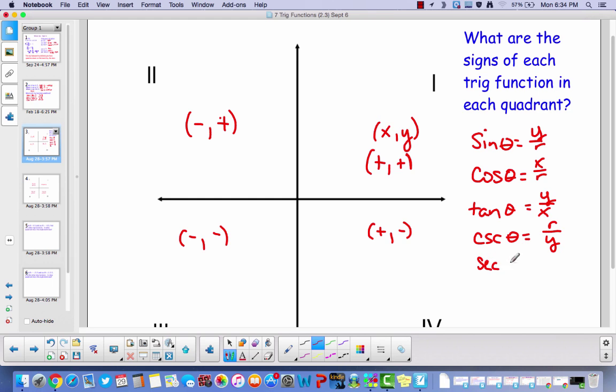Secant is the reciprocal of cosine, so it is r over x. And cotangent is the reciprocal of tangent, so it is x over y. With your side partner, talk about which things are positive and negative in each quadrant.